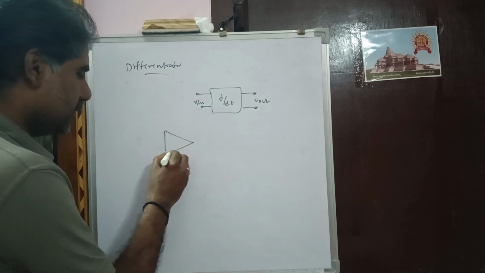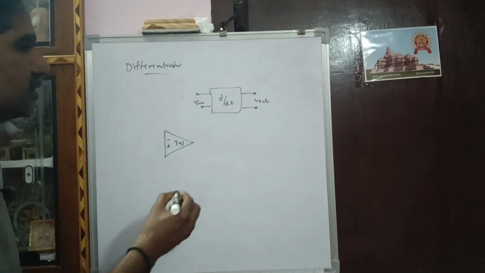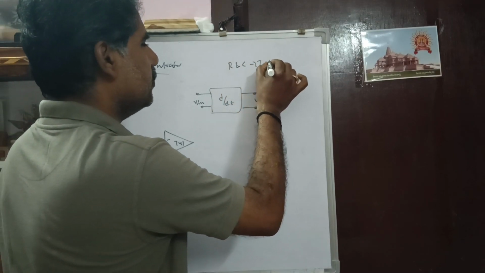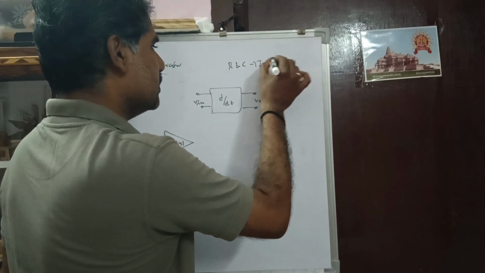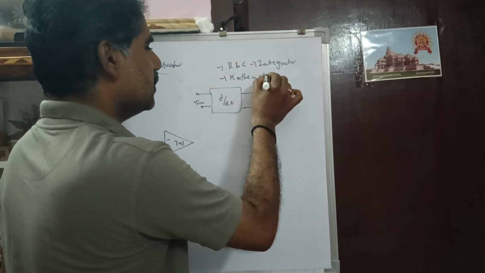I am taking the integrator and interchanging the components. By interchanging the components R and C in the integrator, we can obtain the differentiator, or we can say it is the mathematical reverse operation of an integrator.